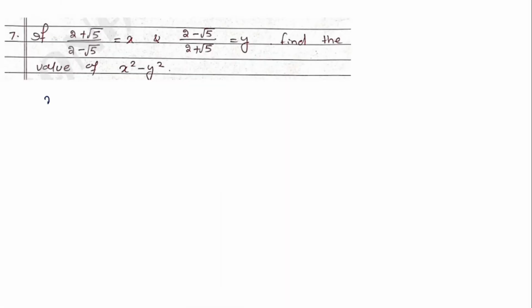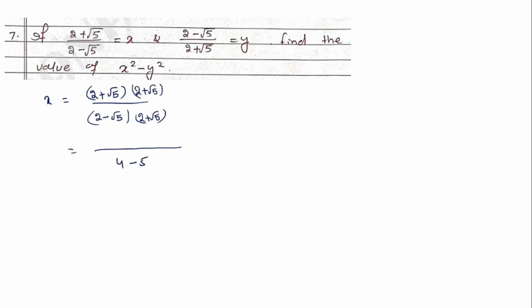X is given, so write down x equal to 2 plus root 5 by 2 minus root 5. Rationalize, so 2 plus root 5, then here is 2 plus root 5. Now solve. A square minus b square, that is 4 minus 5.